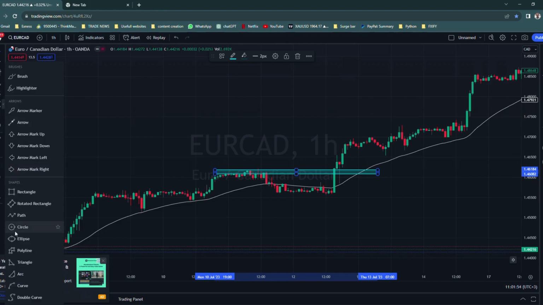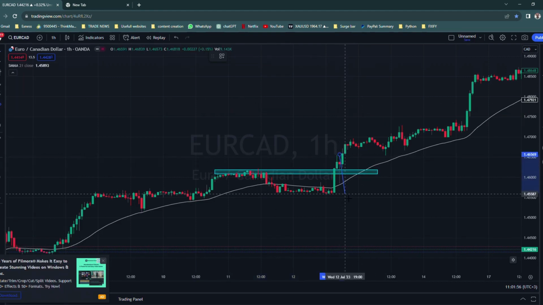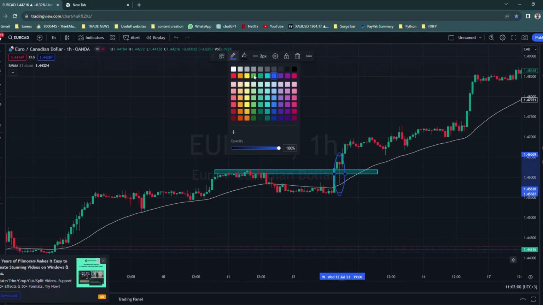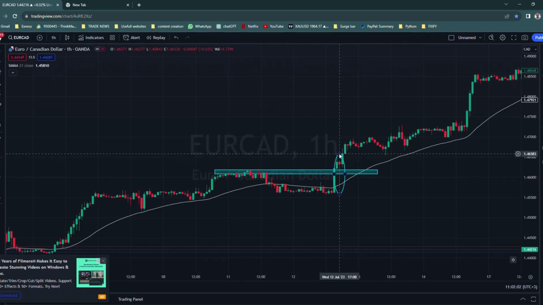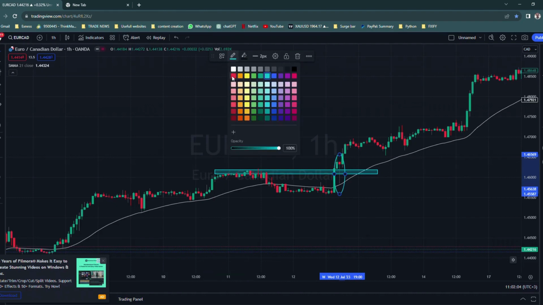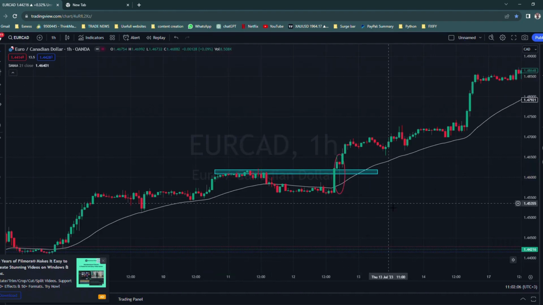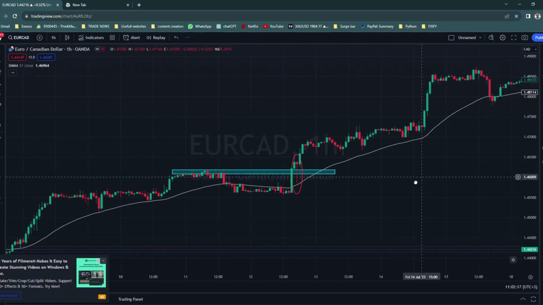Now it just shows you that this was a perfect entry into this move to the upward side. As you can see there, that was the perfect entry, that pin bar, and you can see the impulse move that came right there. It means this was your entry, and you could have kept looking at the price moving until you get that impulse move.